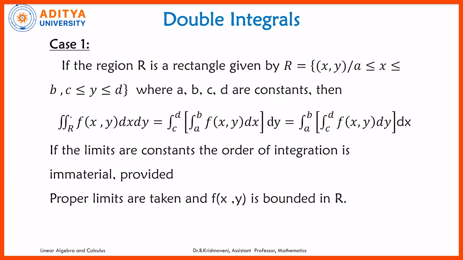In case 1, if the region R is a rectangle given by R is equal to the set of (x, y), a less than or equal to x less than or equal to b, c less than or equal to y less than or equal to d, where a, b, c, d are constants, then the double integral over R of f(x, y) dx dy is equal to the integral from a to b, integral from c to d of f(x, y) dy dx, that is equal to the integral from c to d of f(x, y) dy, thereafter the integral from a to b with respect to dx.